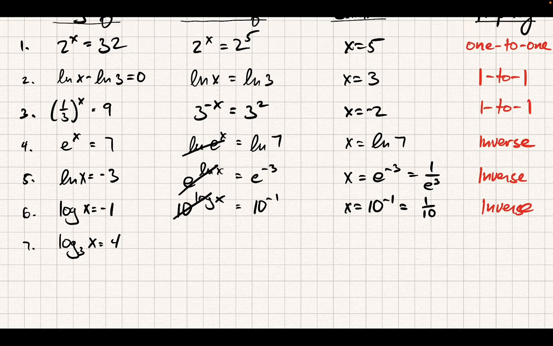So what base did I use here when I exponentiated? e, because ln, natural log, has base e. And here I used 10, because log, if you don't write it, has base 10.